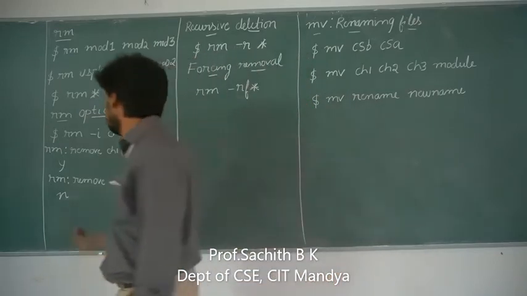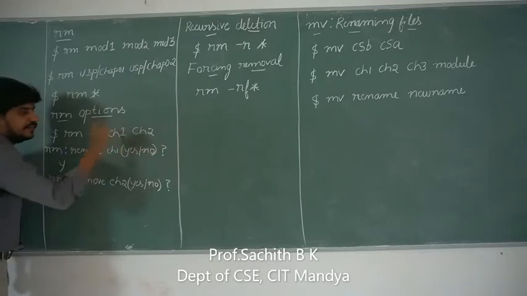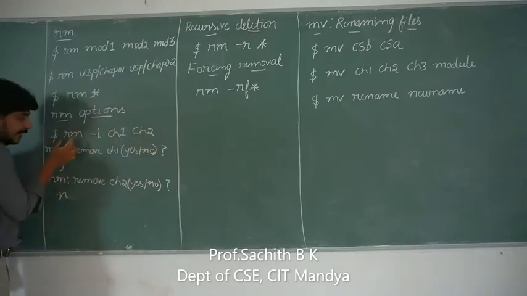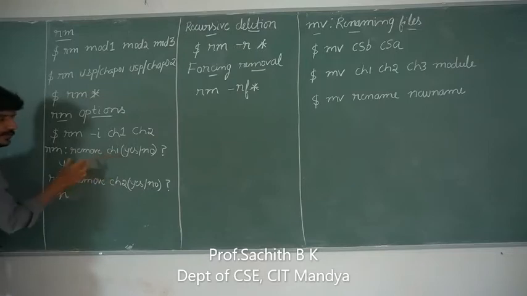As you can see here, I am using the rm command along with the option -i. That means I am trying to delete the ch1 and ch2 files. Once you use the rm command with this option, you will get a question like this: remove ch1. The rm command will throw a question, remove ch1.